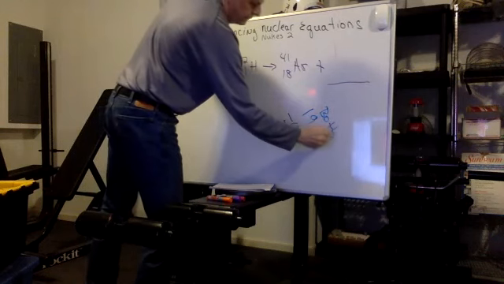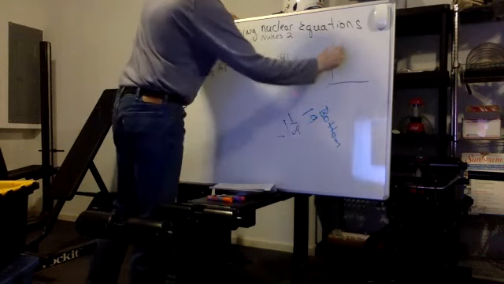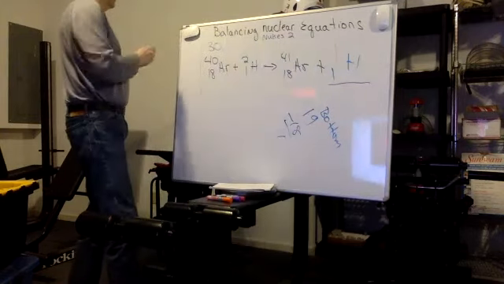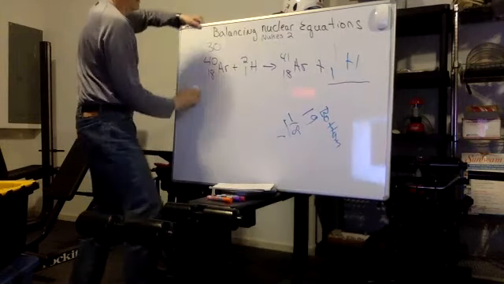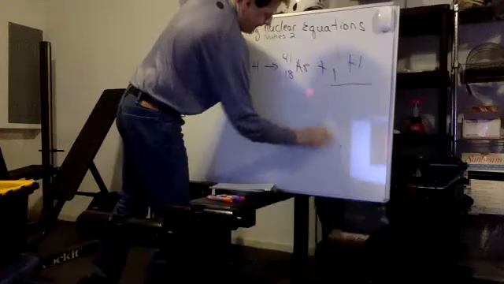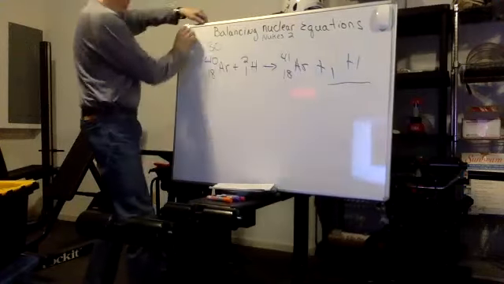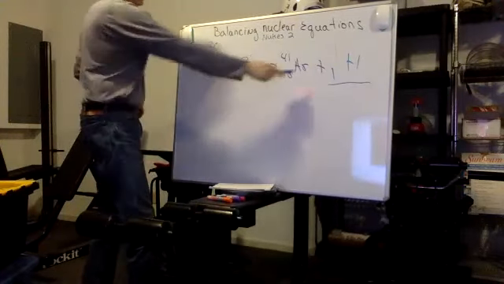This is the bottom. 1, 1 is going to be a proton. It's number 30. It's going to be a proton.